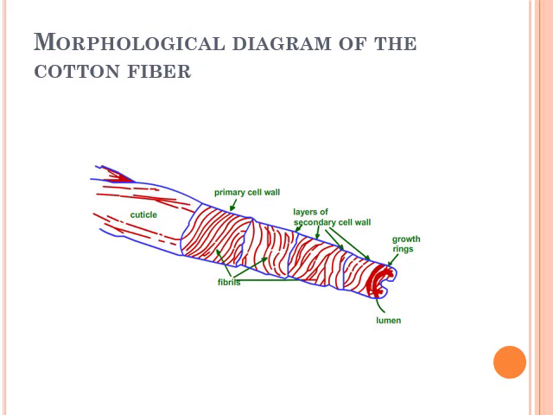The primary wall consists of a network of cellulose fibrils covered with an outer layer or cuticle of pectin, protein, mineral matter and wax. The wax renders the fiber impermeable to water and aqueous solutions unless a wetting agent is present.